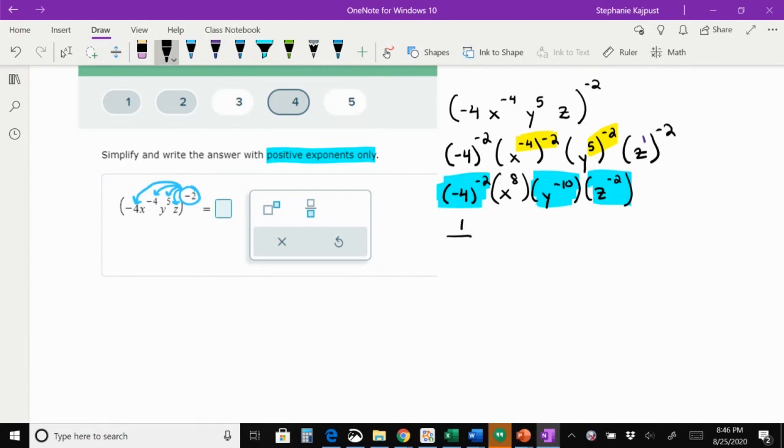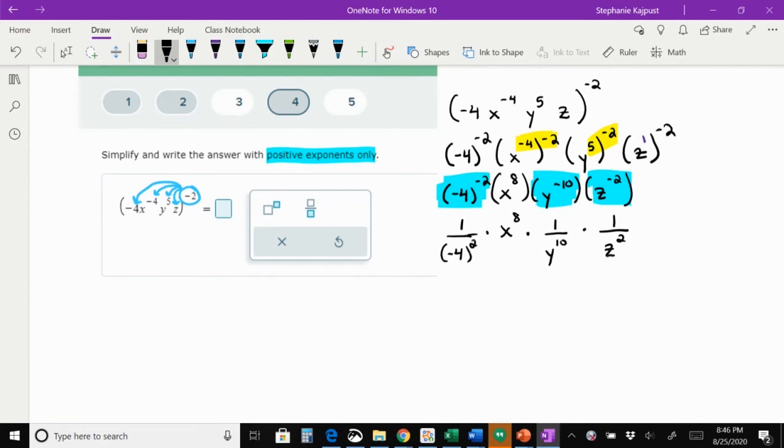I'm going to first write these all in fraction form. And then every negative exponent becomes positive when you take that reciprocal. So the y to the -10 becomes y to the 10. And then the z to the -2 becomes z to the +2.